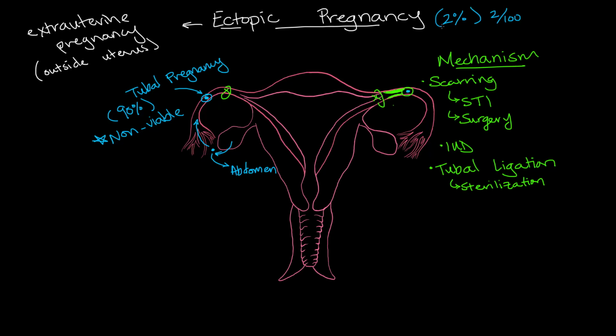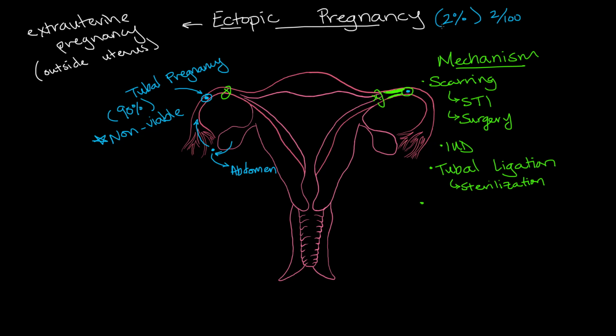But if there's a mistake, or if it's not completely blind end, then the egg can sometimes get stuck in the tube, but sperm can still get across, and you get a pregnancy inside of the tube. So if a patient has had a tubal ligation but is now pregnant, you would definitely want to make sure that it's not an ectopic pregnancy.